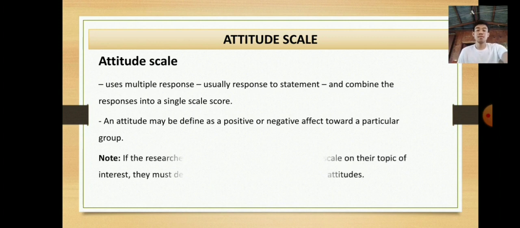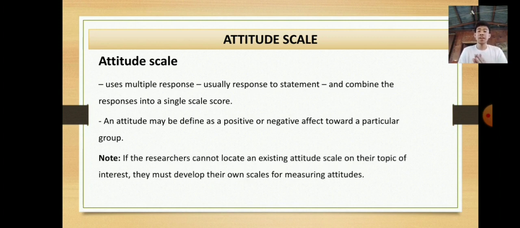May nakalagay dito na note, if the researchers cannot locate an existing attitude scale on their topic of interest, they must develop their own scales for measuring attitude. Kung wala daw existing attitude scale para sa topic natin, pwede tayong gumawa ng sarili natin.